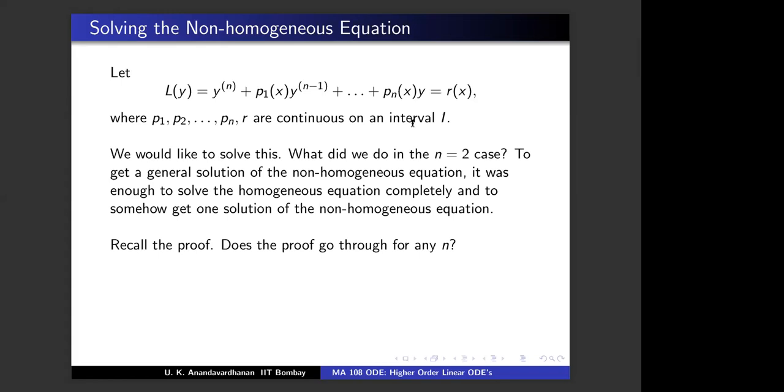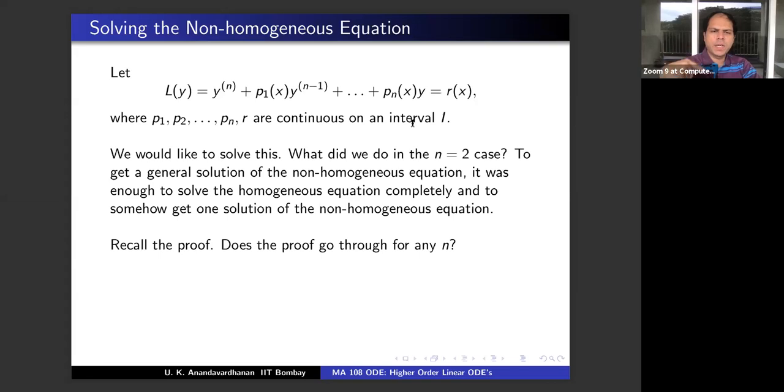If g is another solution, g minus f satisfies the homogeneous equation, so g minus f is c1 y1 plus c2 y2 plus etc. plus cn yn. Therefore, g is c1 y1 plus etc. plus cn yn plus f. Conceptually the proof is exactly the same. Instead of n equal to 2, you do dot dot dot plus n. This is the key learning: whatever we did for 2 will work for n.